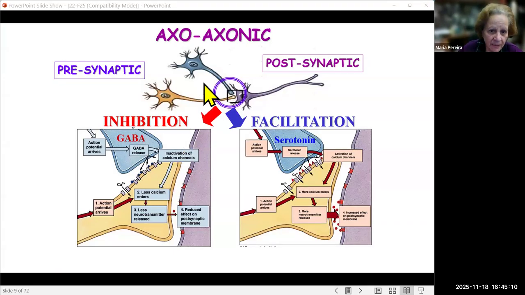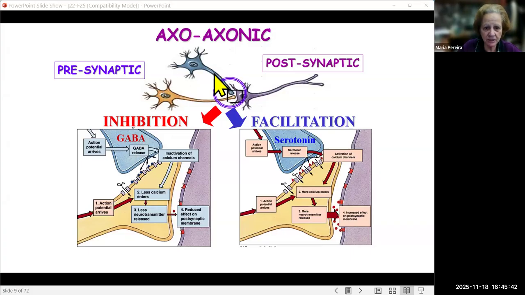This means that this neuron can either generate inhibition or facilitation. It can facilitate the propagation of the action potential from this yellow neuron to the purple neuron, or it can inhibit the propagation, can stop it. So how can that happen? You see here the blue and the yellow forming an axoaxonic synapse.